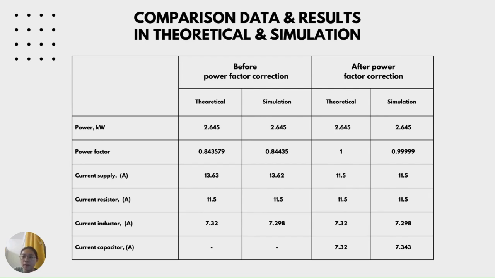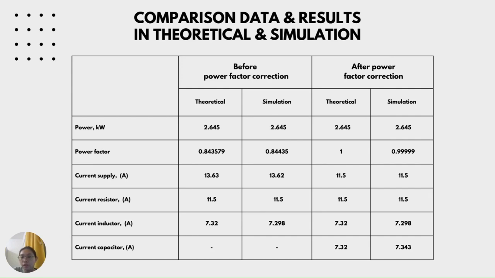Next is the result after power factor correction. The value of power is the same in theory and simulation, which is 2.645 kW. The value of power factor is 1 in theory and 0.99999 in simulation. In addition, the supply current and the current across the resistor are the same, both 11.5 amperes.